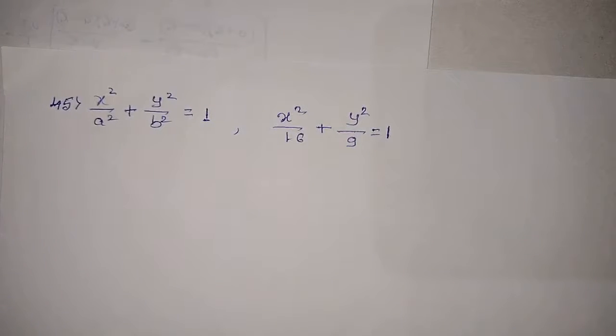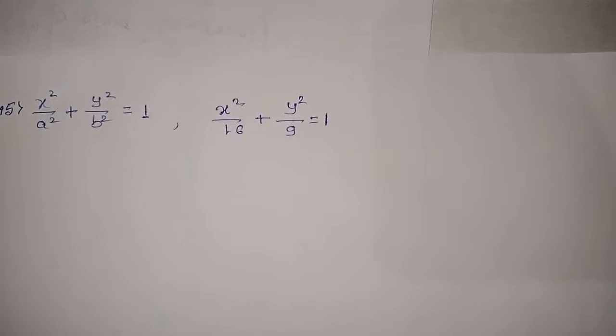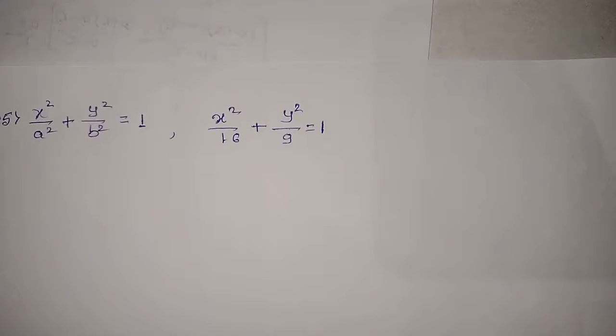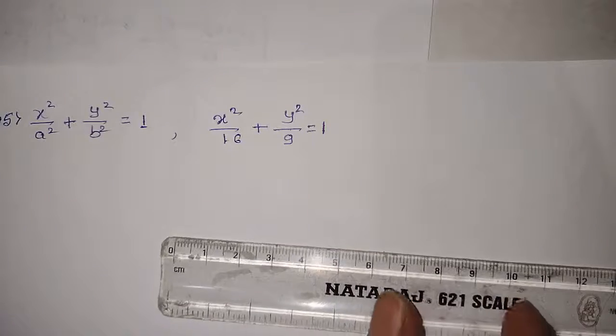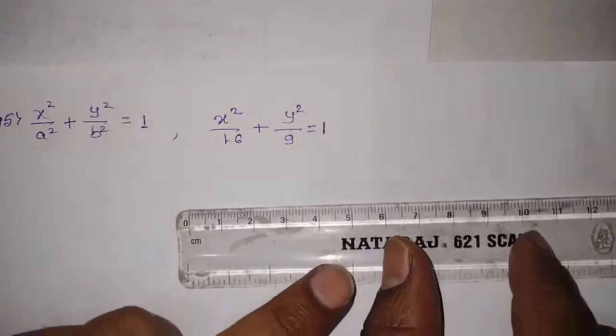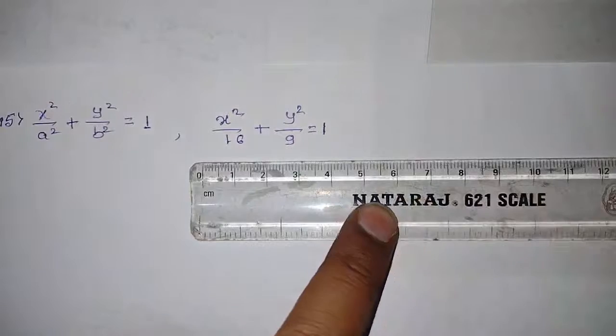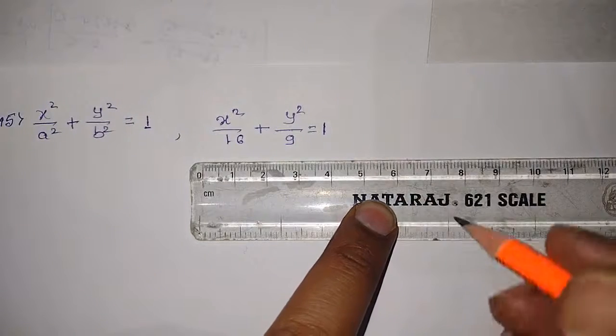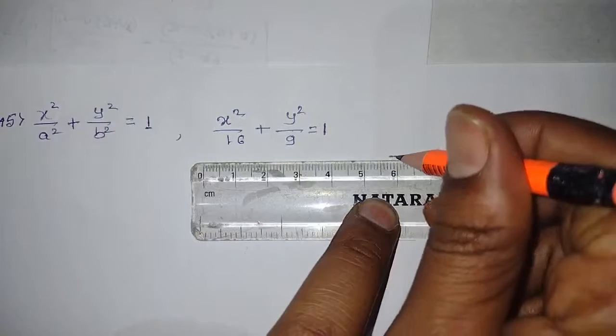So before we solve the problem, first we have to draw the diagram of this problem. Here the major axis is along x axis. That's why we have to draw the diagram first.